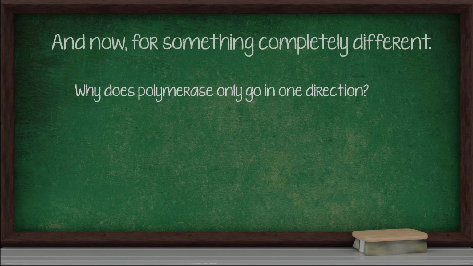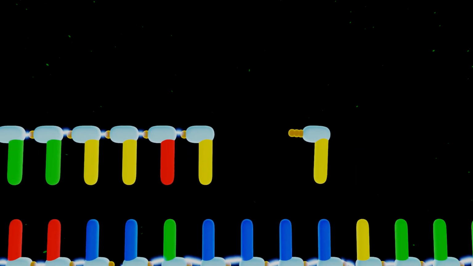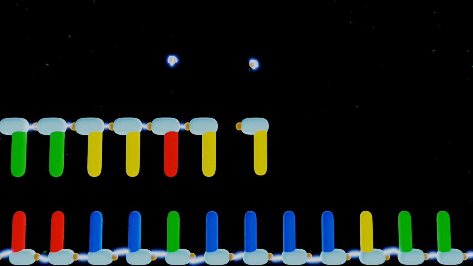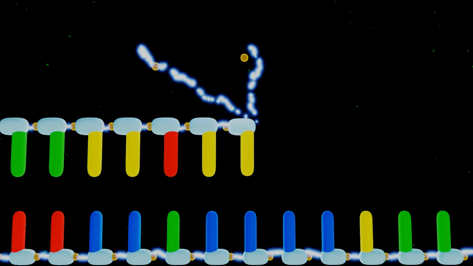It only synthesizes in one direction, 5' to 3'. In this segment, I want to explain why. Nucleotides that are not bound together as a DNA strand have two extra phosphate groups attached to them. When polymerase binds one of these nucleotides to the strand, the extra phosphates detach and separate to release the energy needed to bind the nucleotide to the strand.